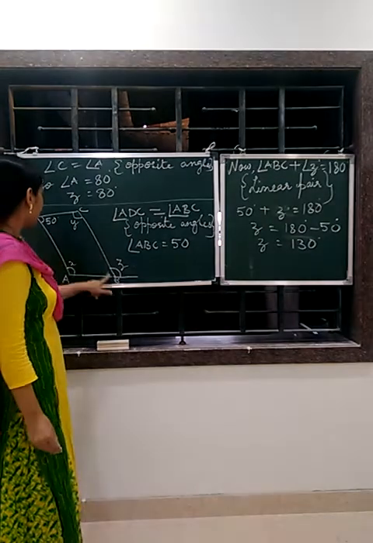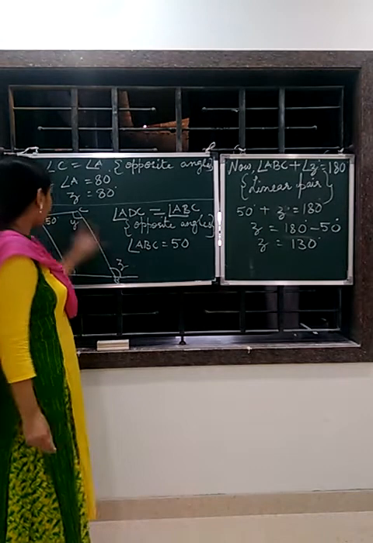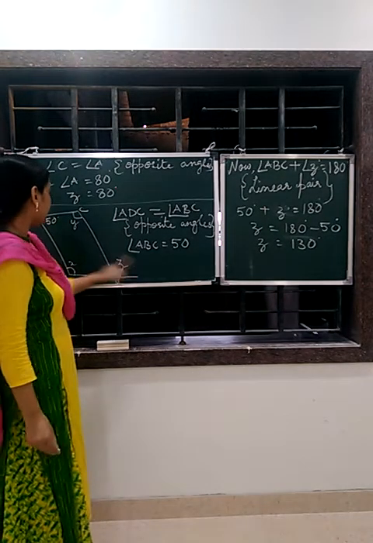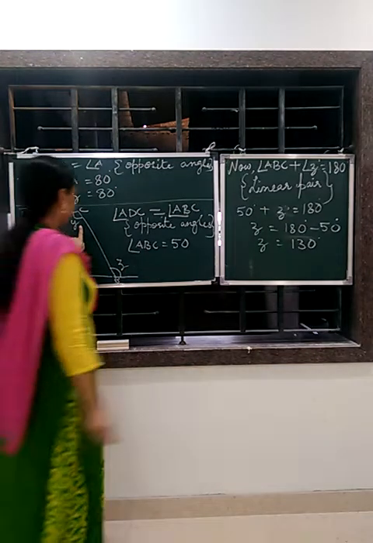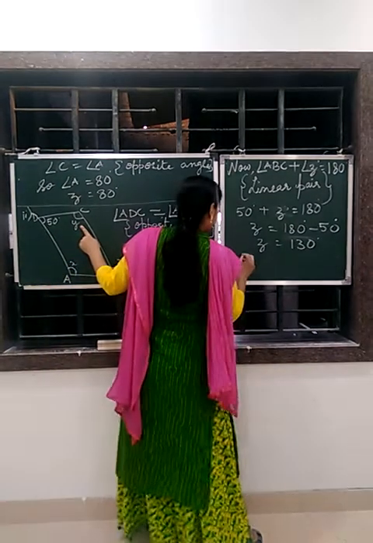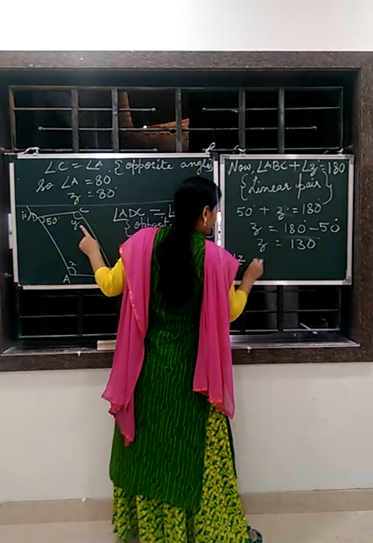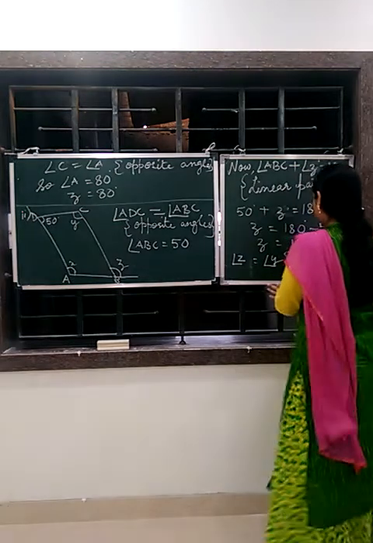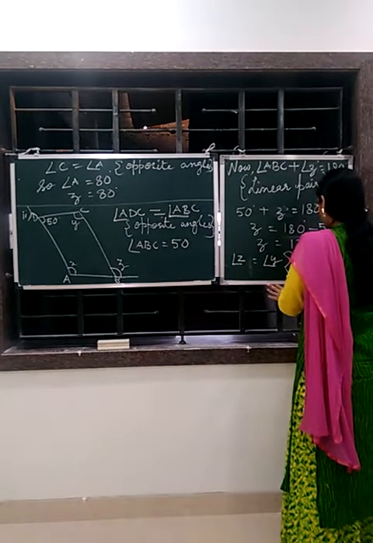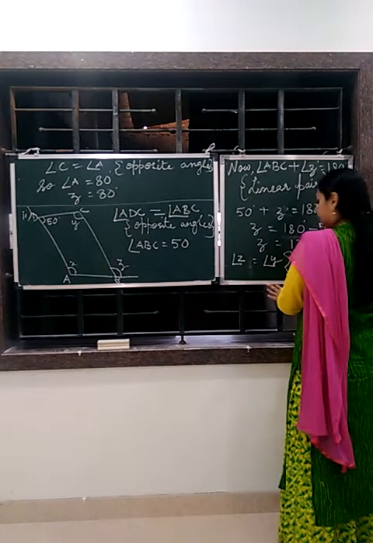Now you can see these are alternate angles. This is an alternate angle, this is 130 degrees, so obviously Y will be 130 degrees. So angle Z is equal to angle Y. Why? You can write your reason: alternate angles.